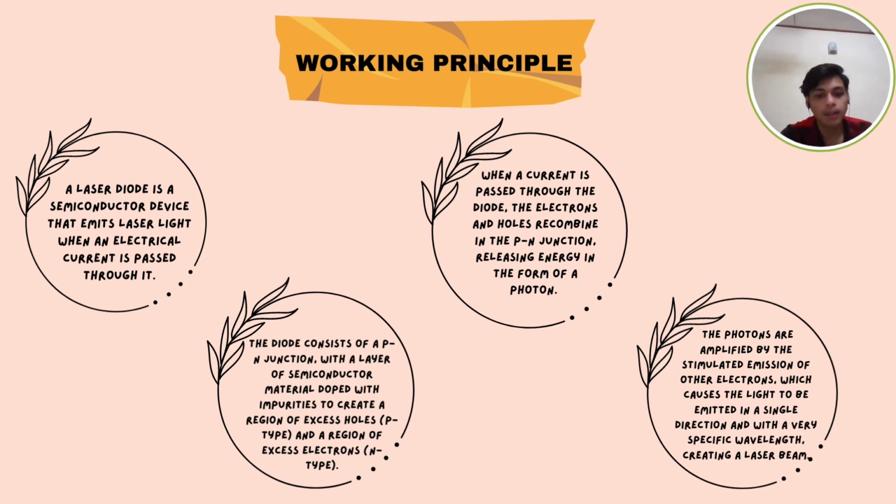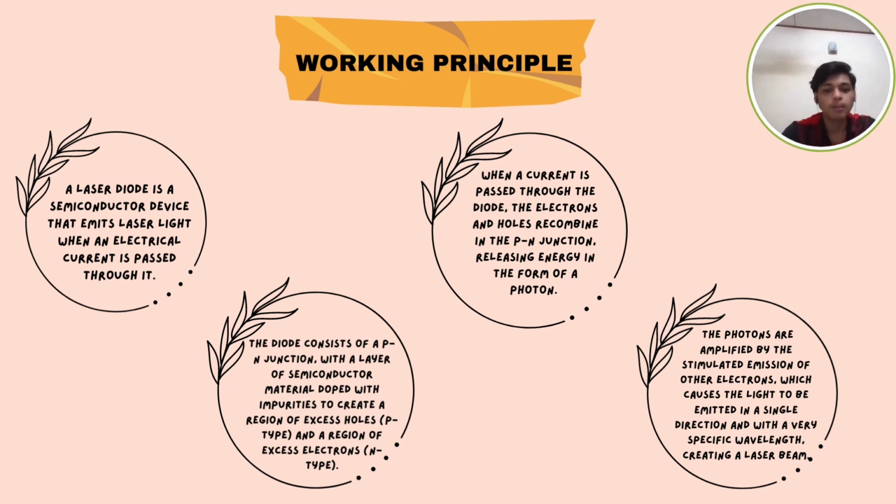The emitted light is highly directional, meaning that it is emitted in a single, highly collimated beam. The wavelength of the light is also highly consistent, meaning that it is monochromatic. This is because the active material and the mirrors are specified and designed to produce a certain wavelength of light.